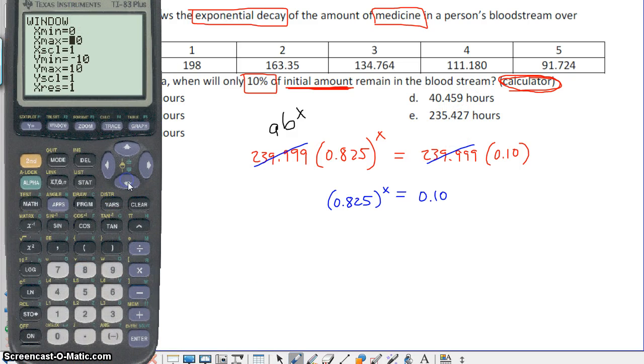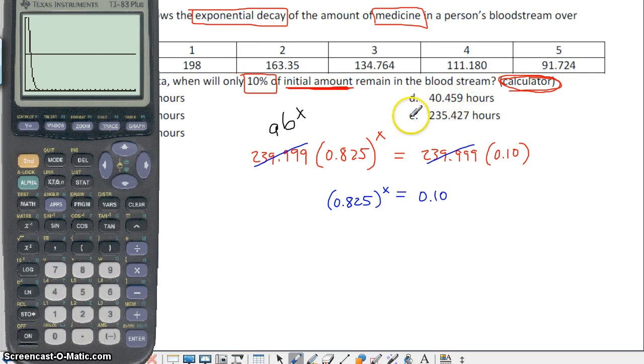So I'm going to check out all the values from 0 to, let's say, 250, going by 10s, and then since my y value I only want at 0.10, I'll only go from 0 maybe up to 0.2, going by 0.1 maybe. So graphing that, you can see that it reaches 0.10 pretty quickly. So looking at the largest answer choice, I could probably rule that out.